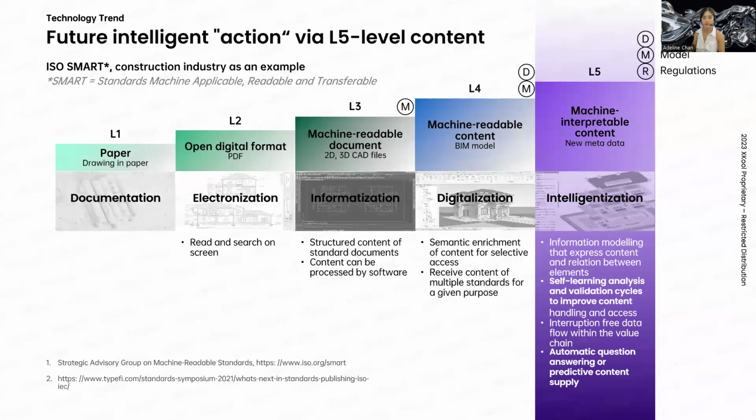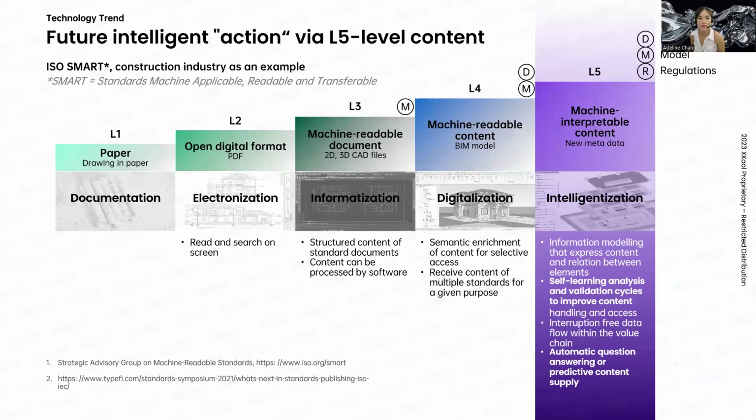And then we've been trying to identify 5 levels in the digitalization process, from L1 to L5. L1 is just the paperwork on site. For L2 and L3, we start to have machine-readable documents, and designers start to use computers to do drawings and read documents, with software like AutoCAD, etc. Then we identified mainstream BIM technology as currently in L4, which is machine-readable content.